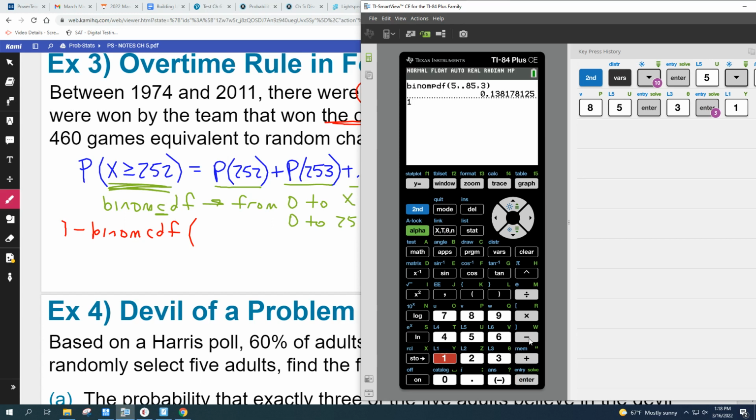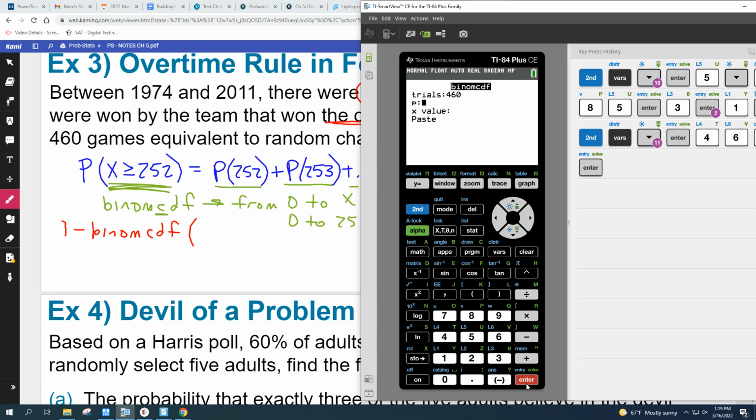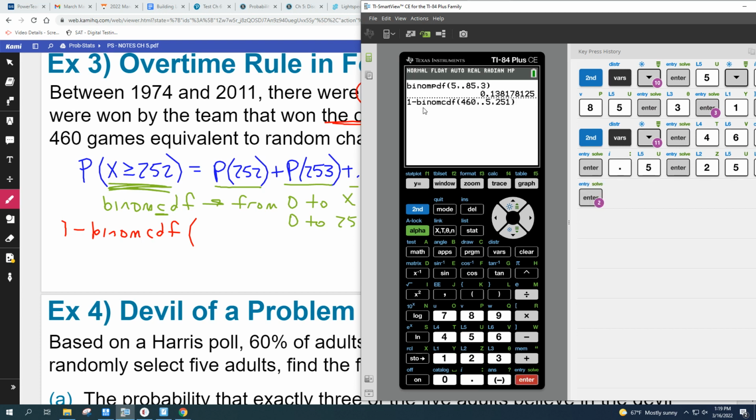Let's just type that in. We'll go 1 minus. We've got to go to our distribution menu again, arrow down. This time we want cumulative, so binomCDF. Trials was 460, probability was 0.5, and the X value is 251. This is tricky, okay? What this is going to do is add up from 0 to 251, and we're going to subtract that from everything because these are the ones that we don't want.